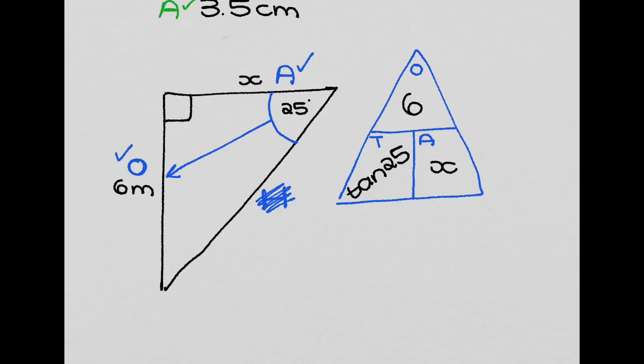Is this a timesing question, or is this a dividing question? Because I've got 6 on top of the tan 25 and x is in the corner, it is a dividing question. So you're going to say 6 divided by tan 25, and you should get x to be 12.9. 12.86, but we round it to 12.9. Okay, check that. Make sure you've got them in your books and that you understand that.